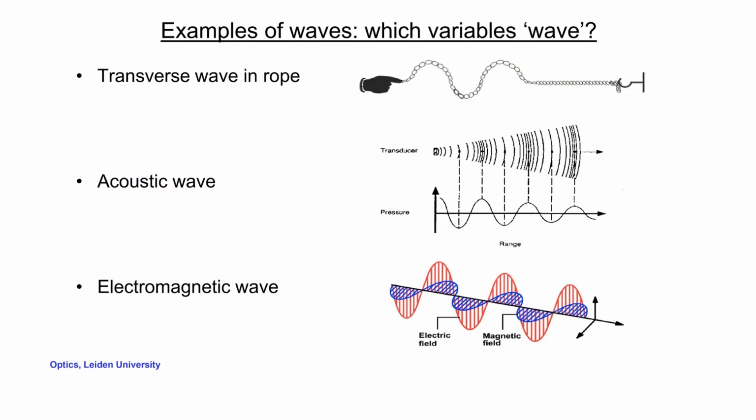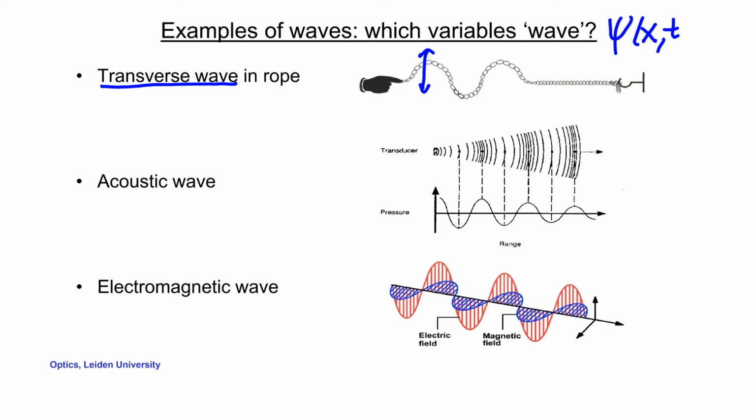This slide shows 3 examples of a traveling wave. So basically of this variable psi that I mentioned in the description. And the first is a transverse wave in a rope. If you wiggle a rope, what wiggles? The answer is not so complicated, I hope.